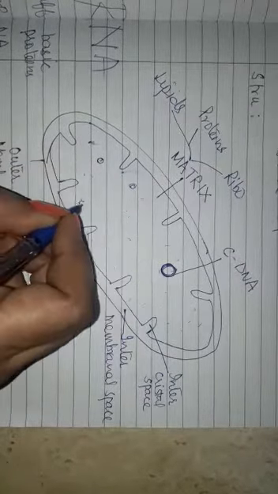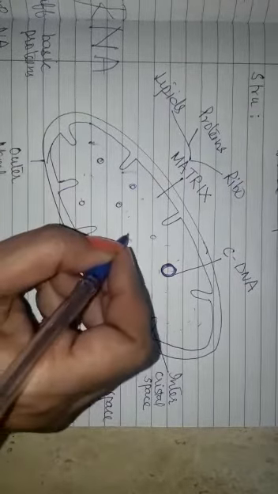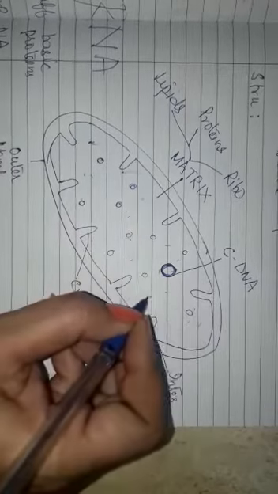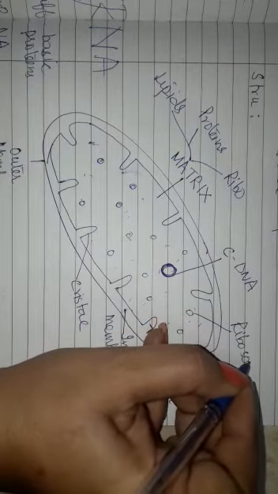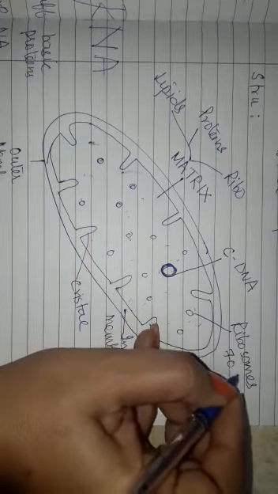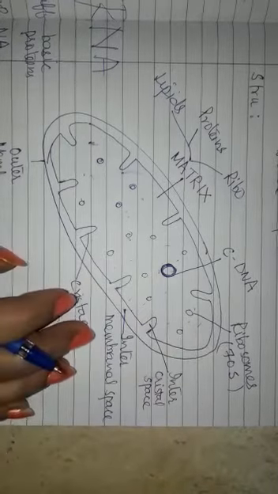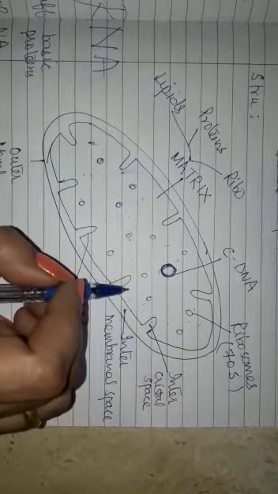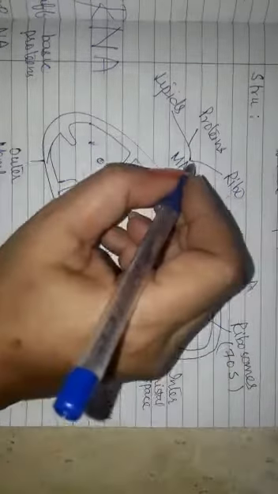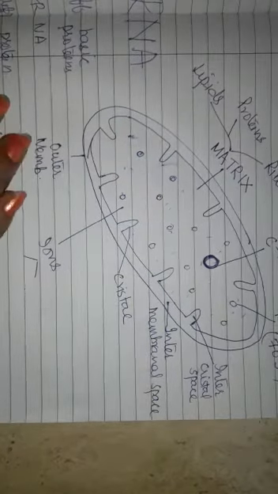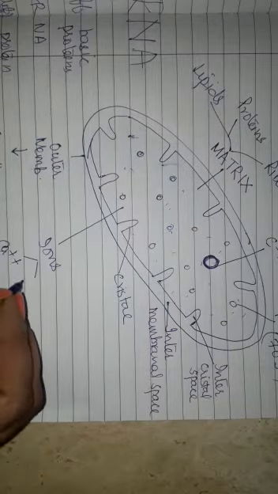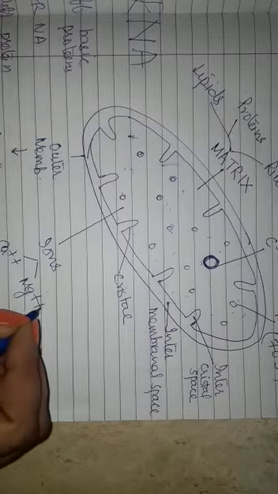The ribosomes present inside the mitochondria are called mitoribosomes, and these are 70S ribosomes. There are also some ions, mainly calcium ions and magnesium ions.